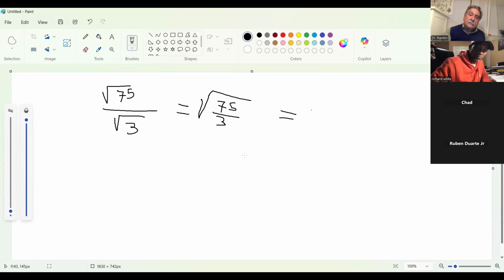And that is the same as the square root of, 75 divided by 3 is 25. 25 is the same as 5 to the power of 2. And 2 divided by 2, so the final answer is 5.